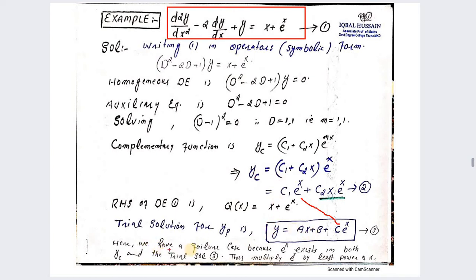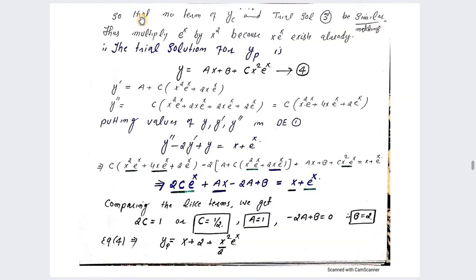solution. Here we have a failure case because e^x exists in both yc and the trial solution 3. Thus multiply e^x. This e^x is here, so multiply this e^x by the least power of x, so that no term of yc and trial solution 3 be similar, that is, be matching.